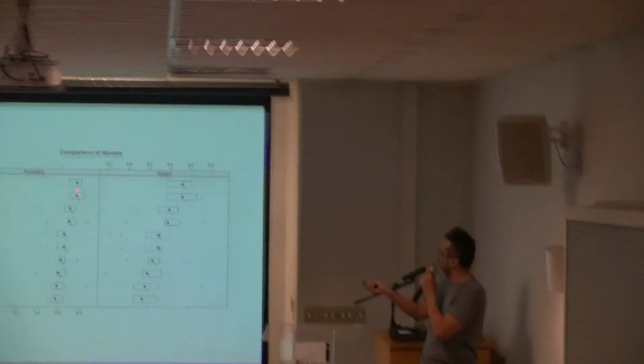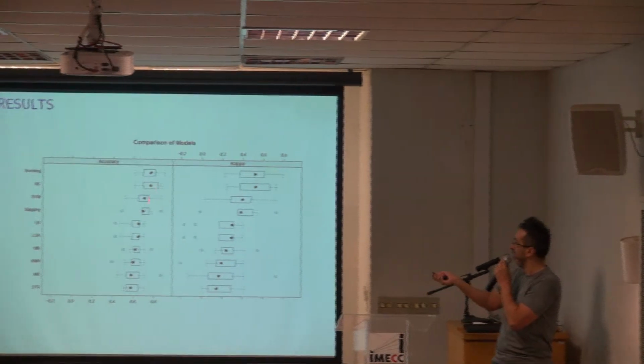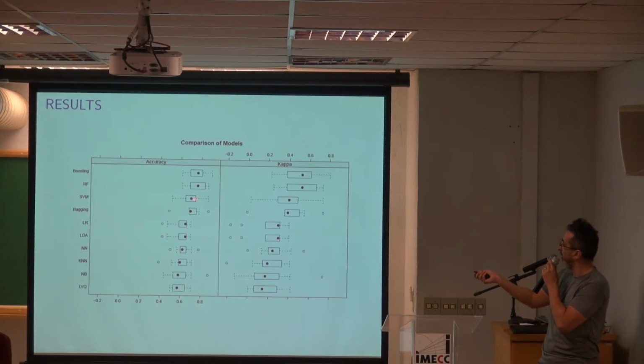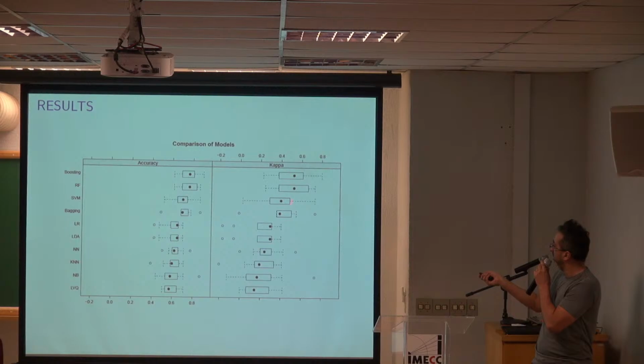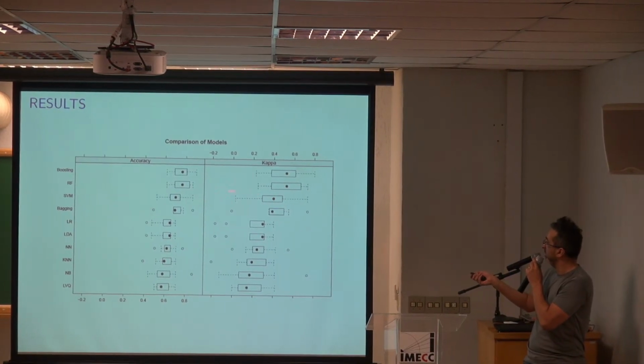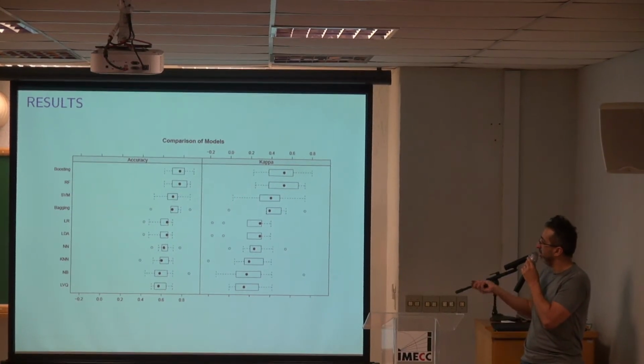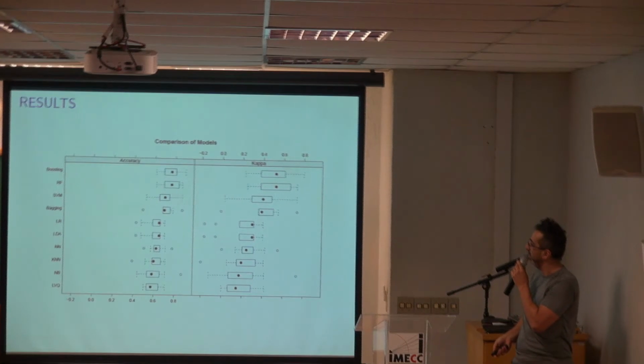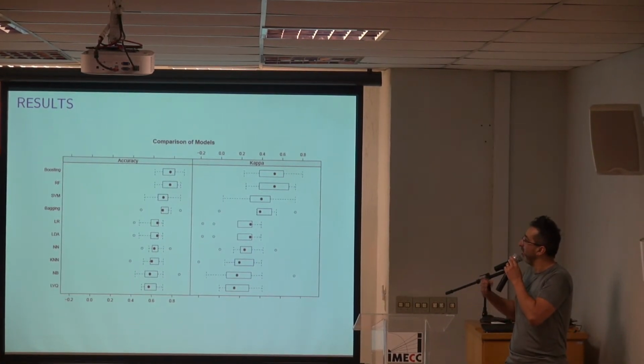And here we have the other measure for trying to compare the models, and we think that these three models are the best. If we look at the median value, that is the black point, here also it is very similar. So these two measures show us that these three models are the best. But we don't know why they are the best.